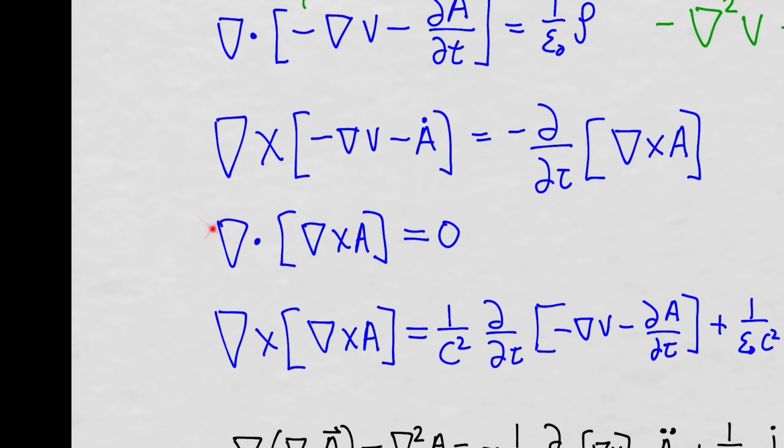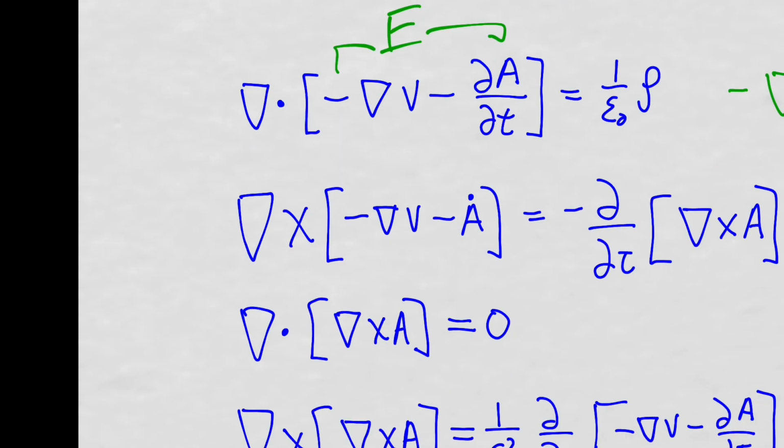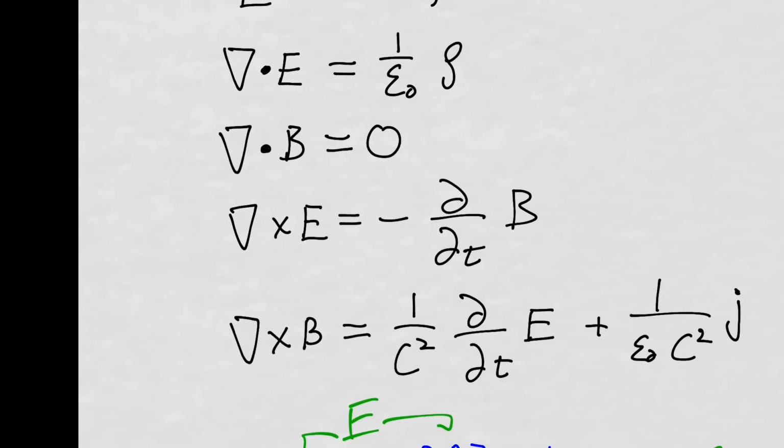We actually used the divergence of B equals 0, this third Maxwell equation, or I guess this second Maxwell equation, depending on how you order them. We use this to define the potential. So we learn nothing new there. Likewise, we learn nothing new from the curl of E equals minus the time derivative of B, because we use that to understand and create the notion of the scalar potential, right?